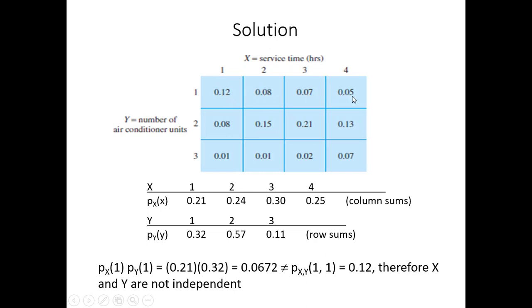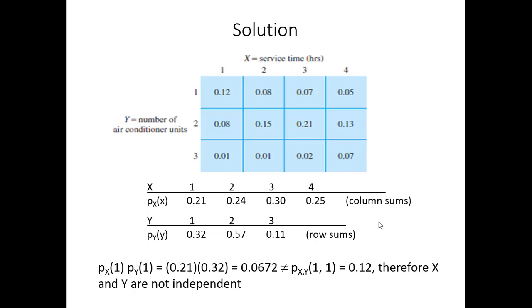So summing up here, we get 0.32 when y is 1, 0.57 when y is 2, and 0.11 when y is 3. So these are what most people call the marginal PMFs. All right, so that's the solution for part A.